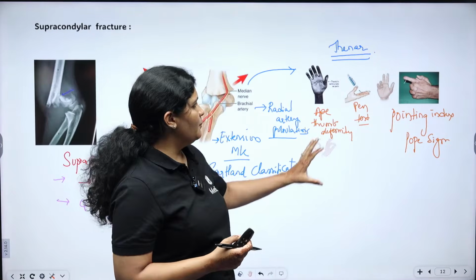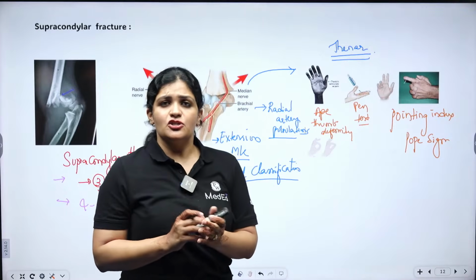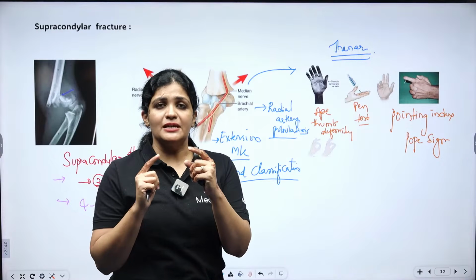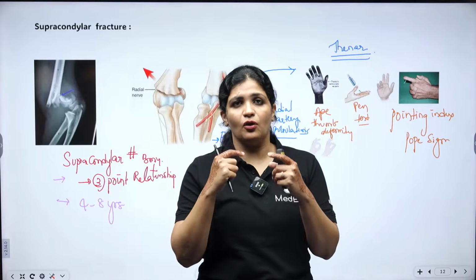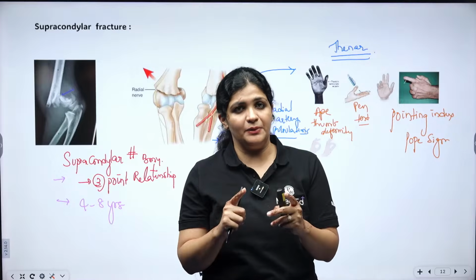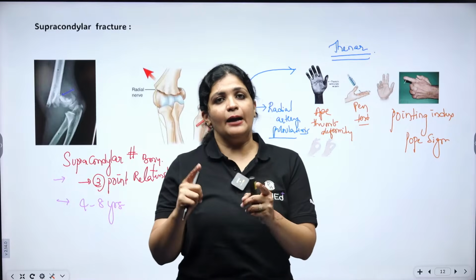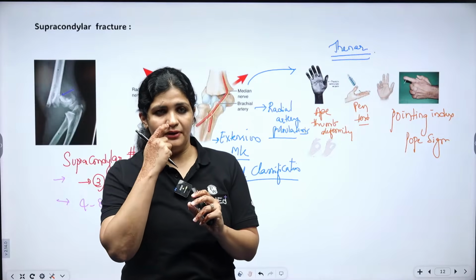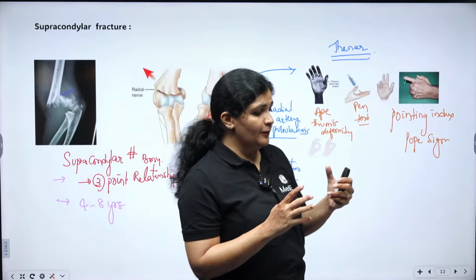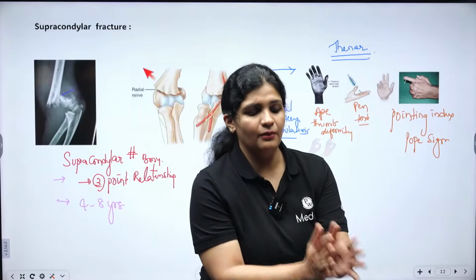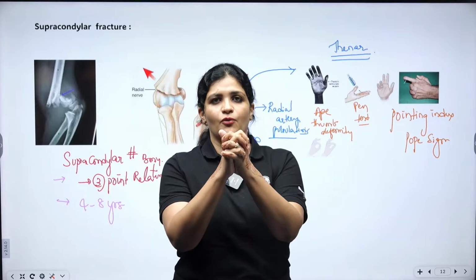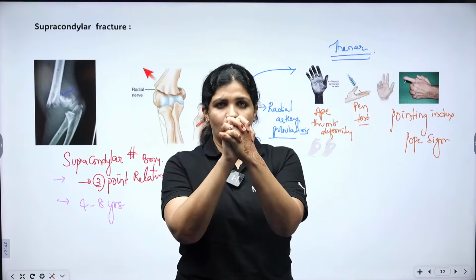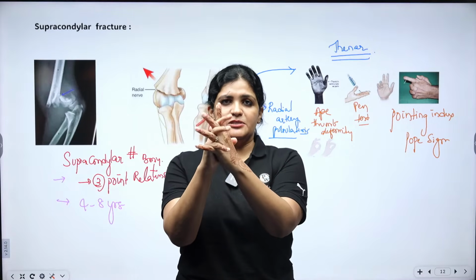Now, pointing index. The median nerve usually supplies all the long flexors except the FDP medial side and the flexor carpi ulnaris. These two are supplied by the ulnar nerve, so you have to remember this. Flexion of the fingers is mainly because of the median nerve.